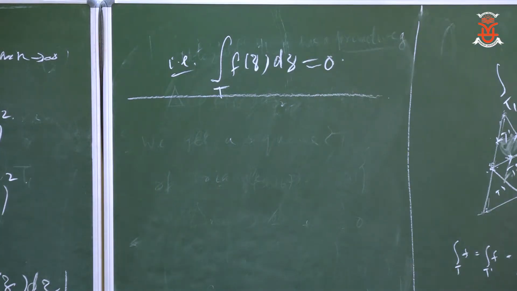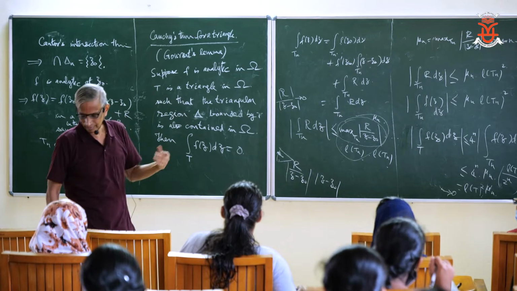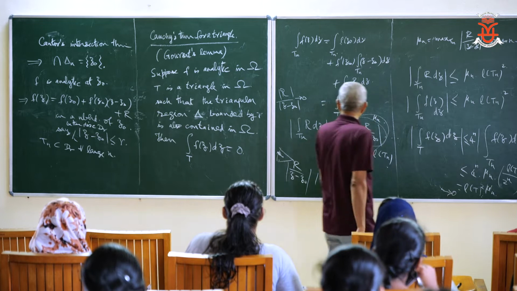So that proves the Gauss lemma, right, or the Cauchy theorem for triangles. Right. So Gauss's paper actually appeared in 1900.